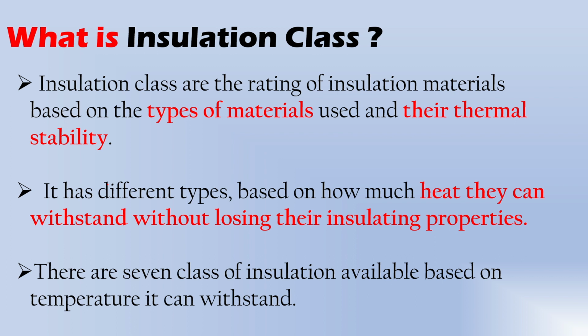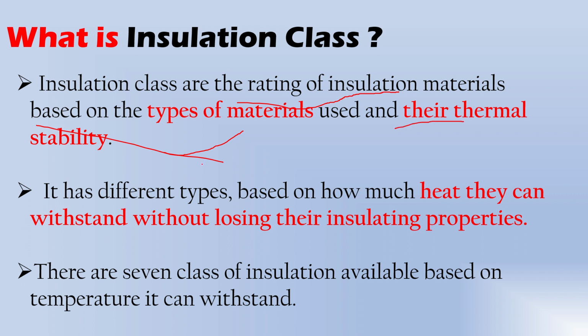Second, we need to understand insulation class. What is insulation class? Insulation class is the rating of insulation materials based on the type of materials used and their thermal stability. I told you before, when the flow of current is resisted by some material, some heat will be developed in that material. So here they mention the type of material used and the thermal stability it has.